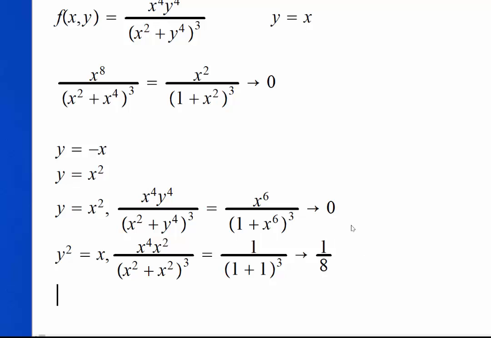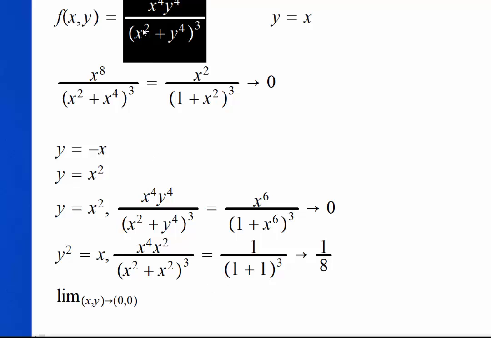So what do we conclude then is, we conclude that the limit at 0, 0 does not exist, right? So I made that little mistake anyways. Fortunately, we caught it, and it says that it's time for me to quit making video right now.